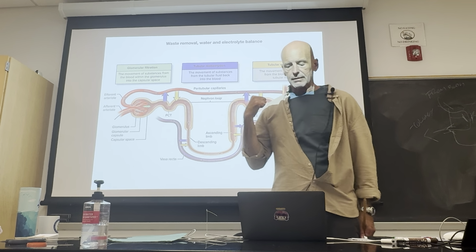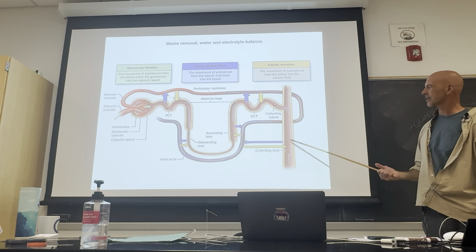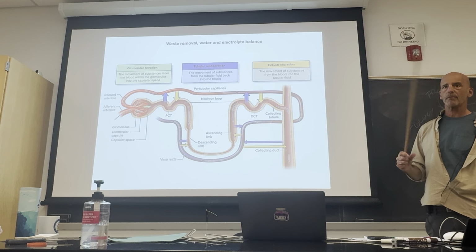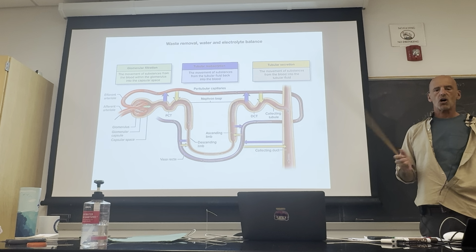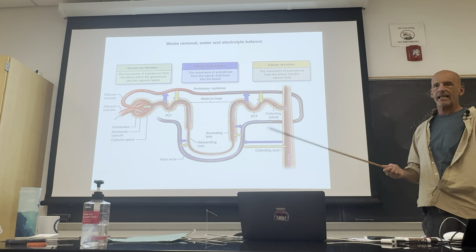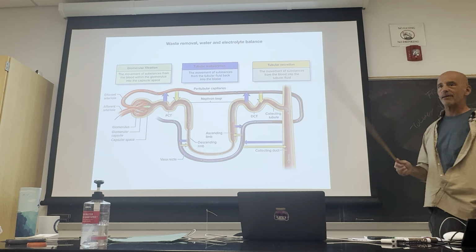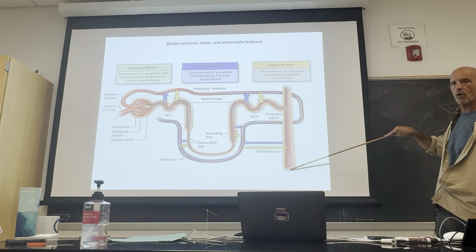Collecting duct, what's the function? What do you want to think about with the collecting duct? Anybody remember anything about the collecting duct? What about alcohol? What does alcohol do? It inhibits ADH. ADH makes the collecting ducts more permeable to water.